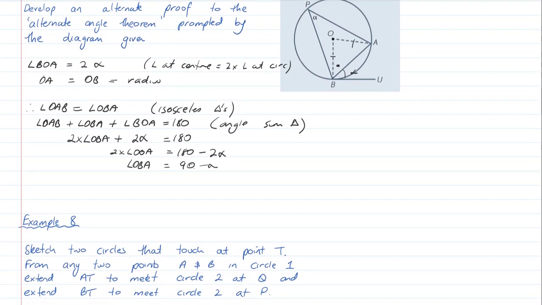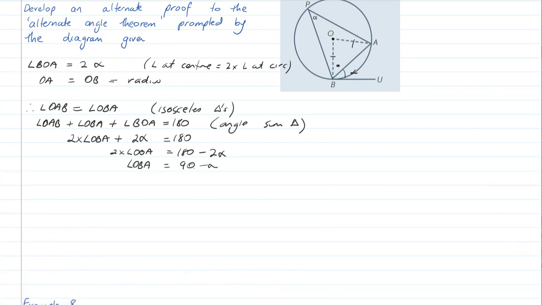Now we know that, and so running out of space again, angle OBU, I need to make this statement first, is equal to 90, because this is an angle between radius and tangent.